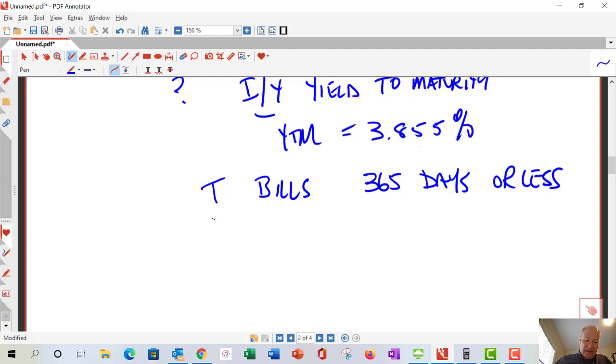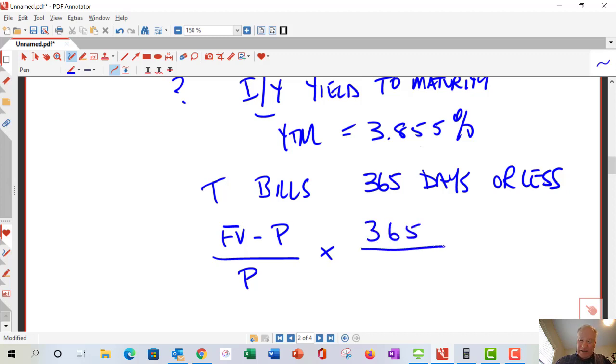So the way to look at this is you get your face value minus your price today divided by the price, and you're going to multiply that by 365. Sometimes you'll see 360 with commercial paper. Sometimes 360 is just the norm. There's 30 days in a month, times 12 is 360. We'll use 365 here and then divide it by the time in days, right?